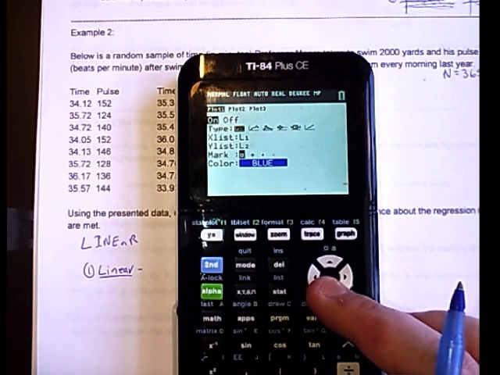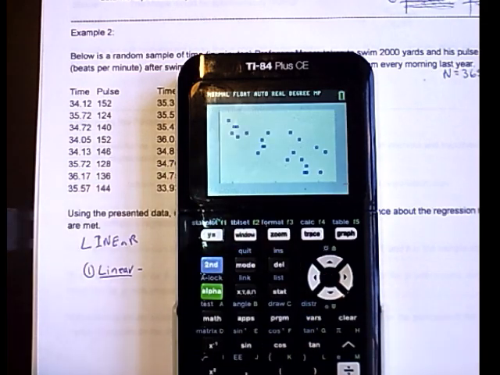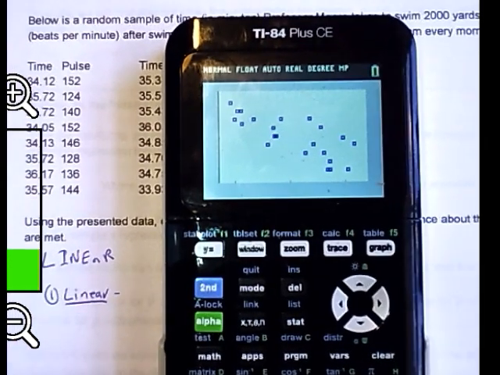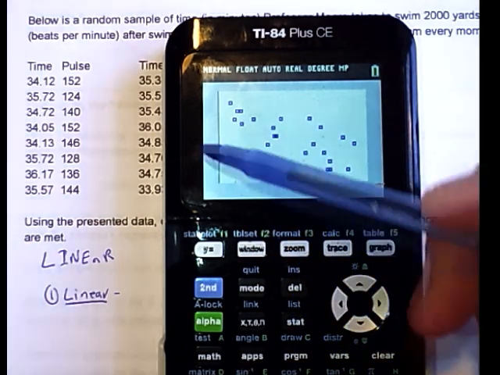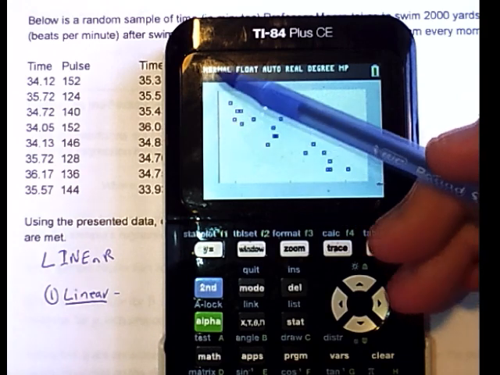Then just do a zoom 9. So this is what my scatter plot looks like. Time would be on the x-axis, and pulse would be on the y-axis.